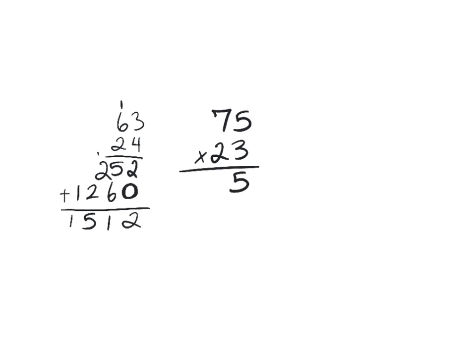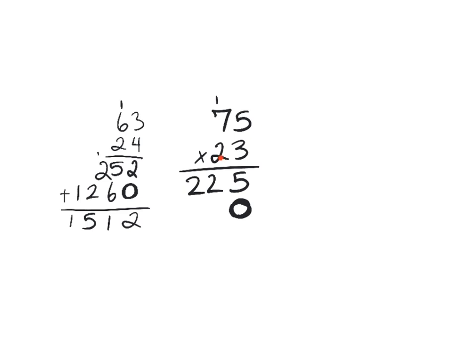It's 15, and I carry the 1, I regroup. Next up is to say, what is 3 times 7? That's 21. Plus the 1 makes 22. And because this 20 doesn't have anything in the ones place, I have to put this 0. If you forget that 0, your whole answer is going to be wrong, so it's really important.